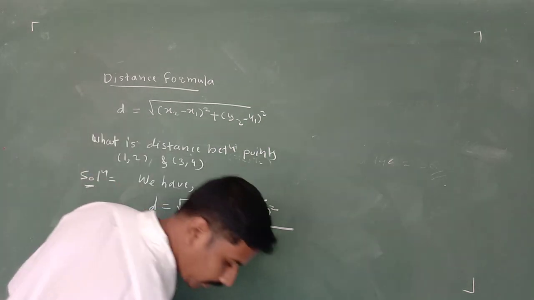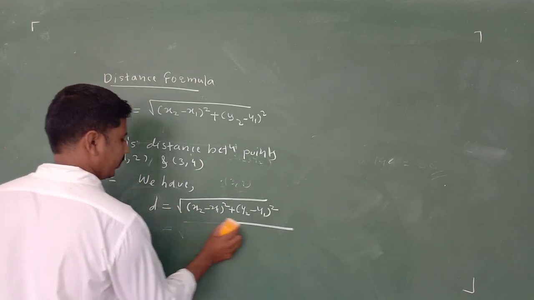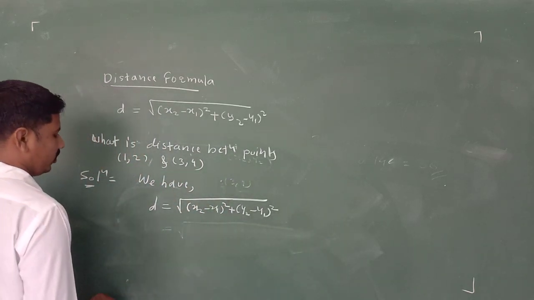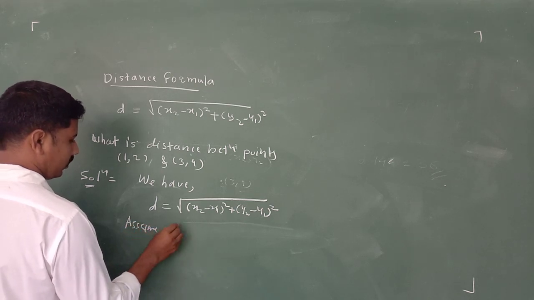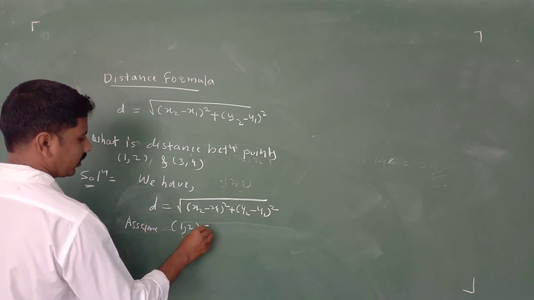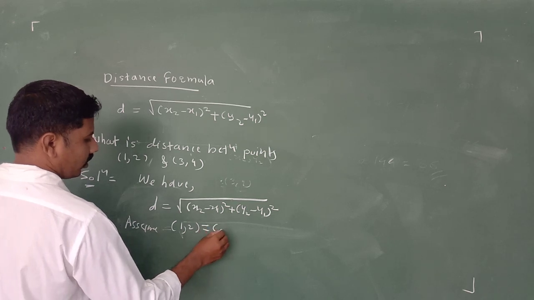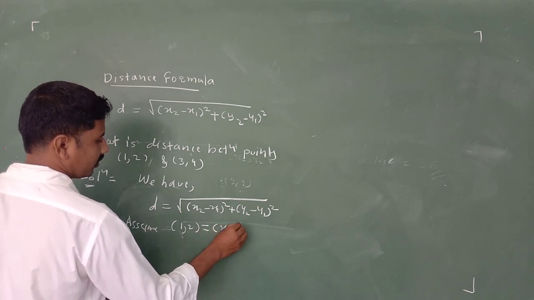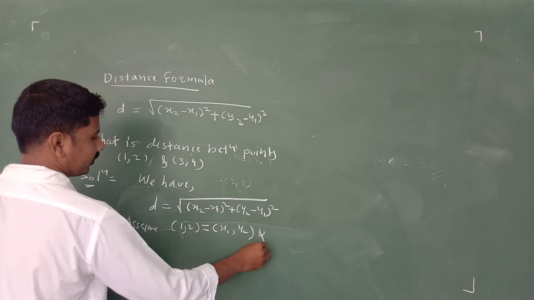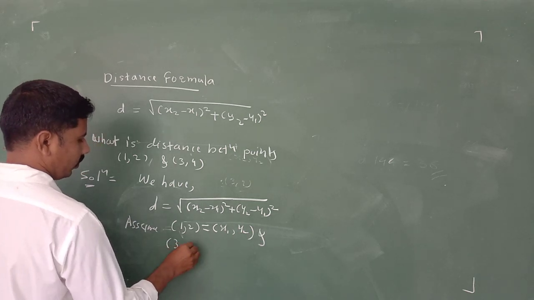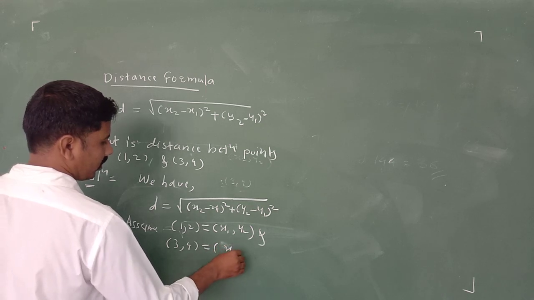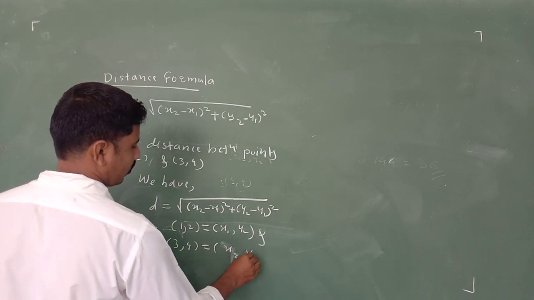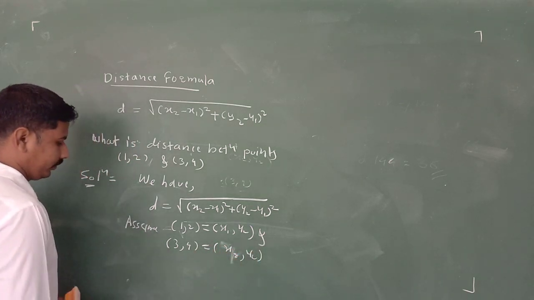So we will assume it first. Assume 1, 2 is equal to x1 comma y1 and 3, 4 is equal to x2 comma y2.